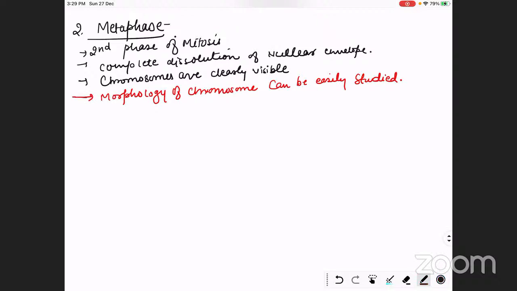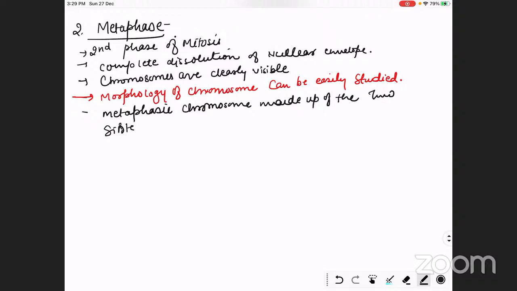Second thing, the metaphasic chromosome is made up of two sister chromatids. So this is the chromosome and they are the two sister chromatids, one and two.